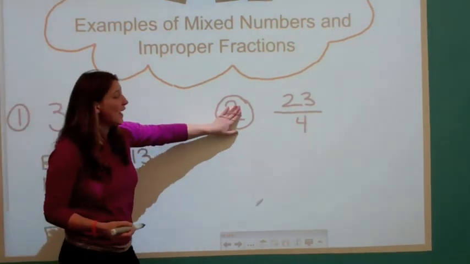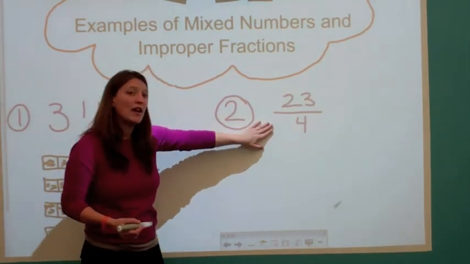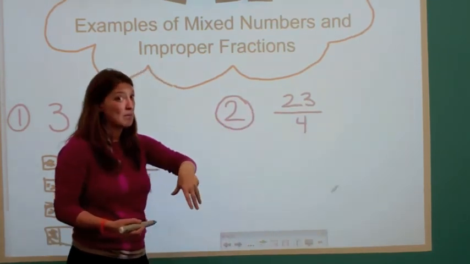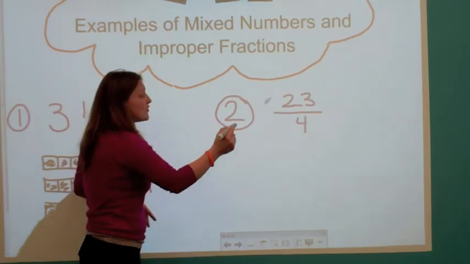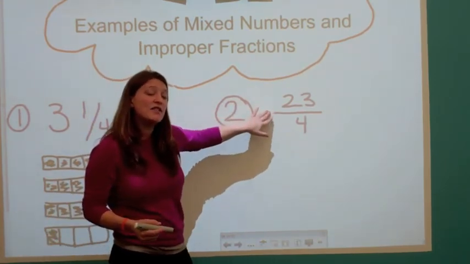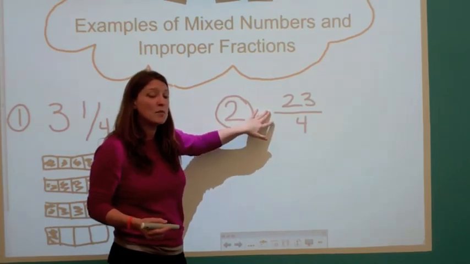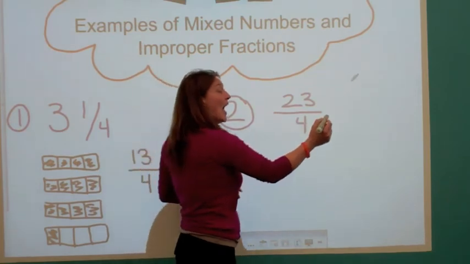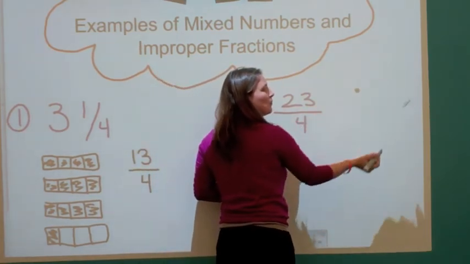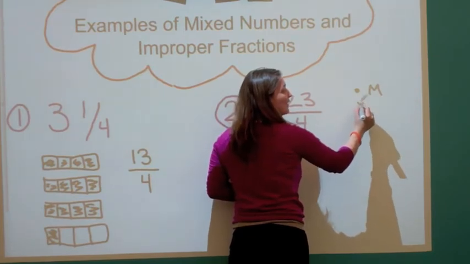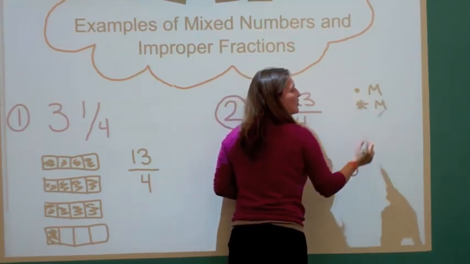Now, let's look at an example when you have an improper fraction and you want to turn it into a mixed number. So, in multiplication and in division, we have different symbols that represent the operation. We've learned that this symbol means multiplication. We learned that this symbol is multiplication.